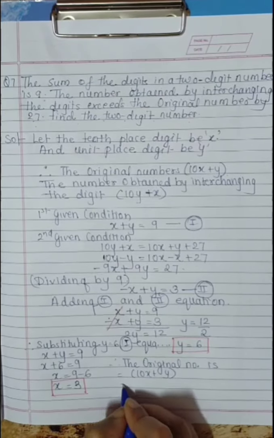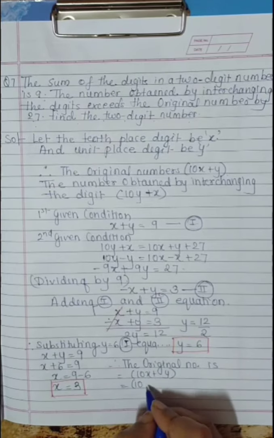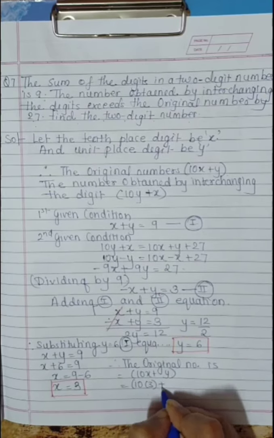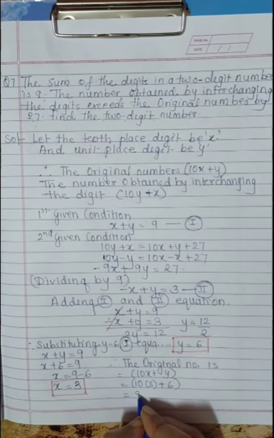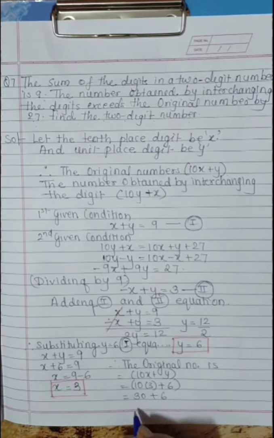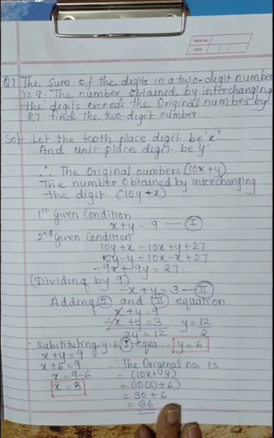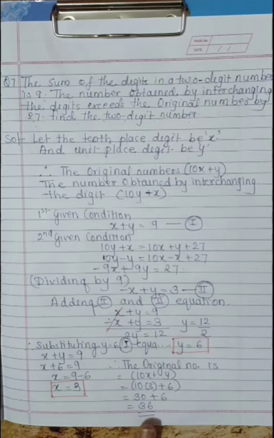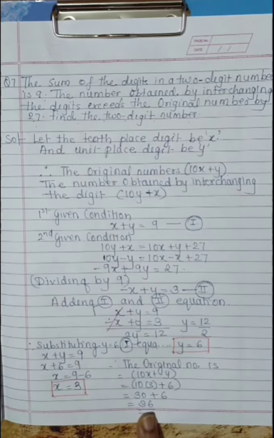In the place of x, the value is 3, and y is 6. So the answer is 30 plus 6, that is 36. Okay, so we got the two digit number, that is 36. I hope you understood question number 7.